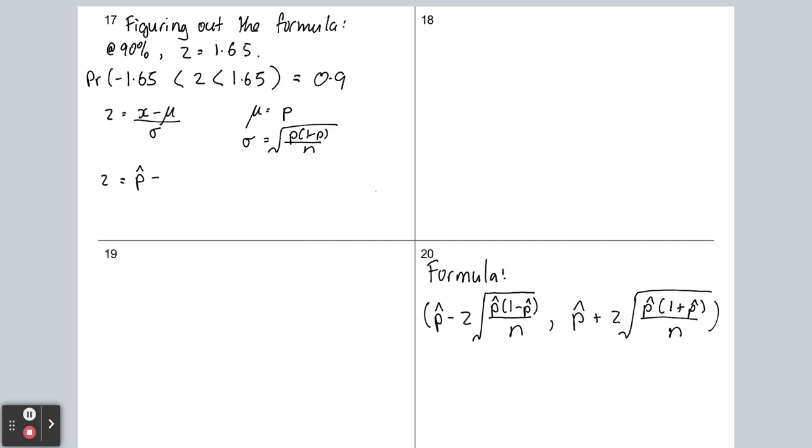Then we subtract mu, which is P, all over the square root of P times 1 minus P all over N, like so. So that means that the probability between those two values can now be written as, I'm writing a little bit small, hope that's okay, minus 1.65.